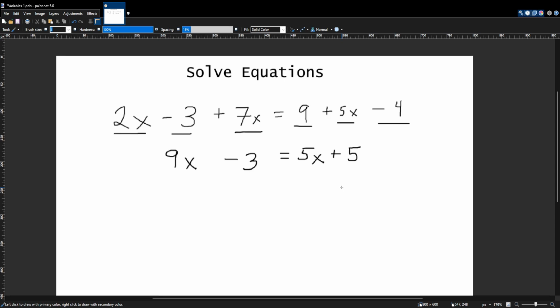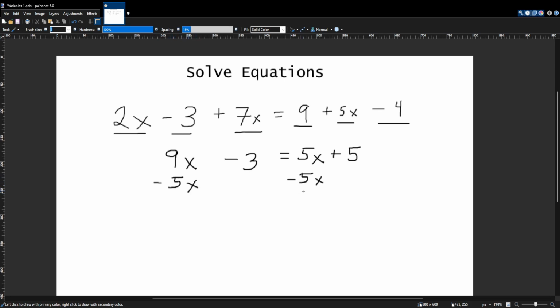Now, when we have variables on both sides of the equation, we need to pick which side we want those variables to end up on. I usually like to pick this based on the larger value of the coefficient. This has a 9 over here, so I'm going to subtract 5x from both sides of the equation.